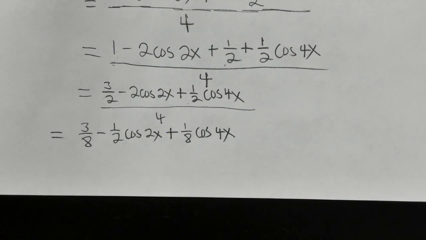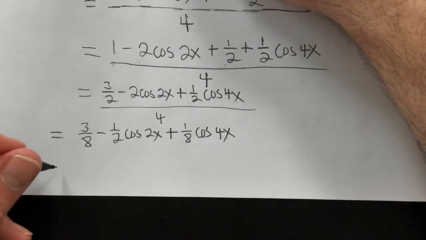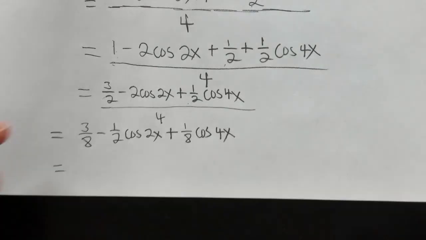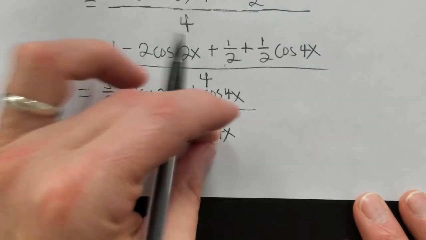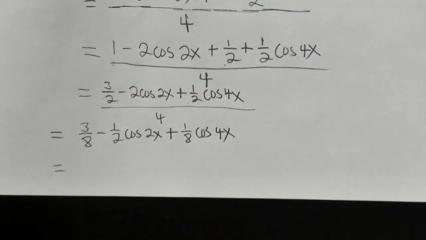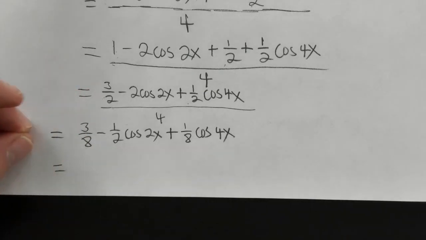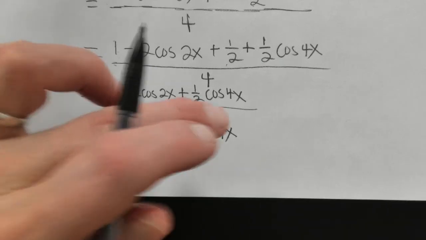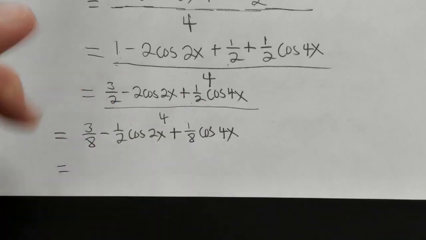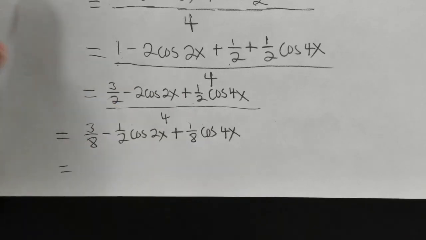And I would say probably just one more thing to clean it up a little bit would be to pull a 1/8 out of each one of these. And here's what would be when we say that. When I pull a factor of 1/8 out, okay, that's really the same thing as multiplying everything times 8. Okay, just to get rid of the fractions here and just make one factored fraction on the outside.